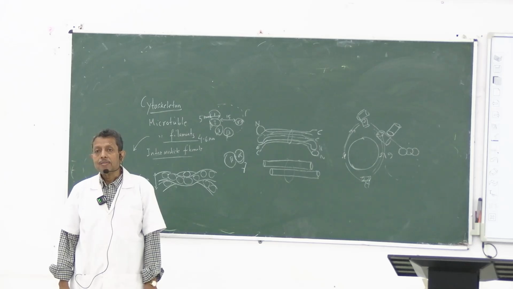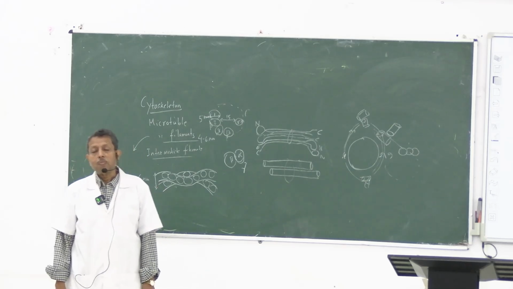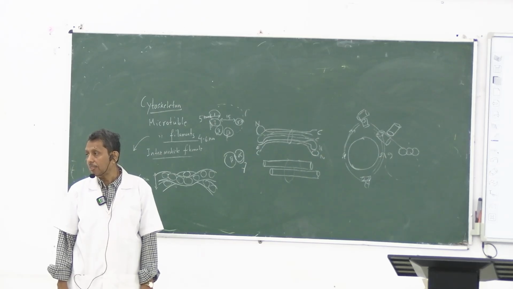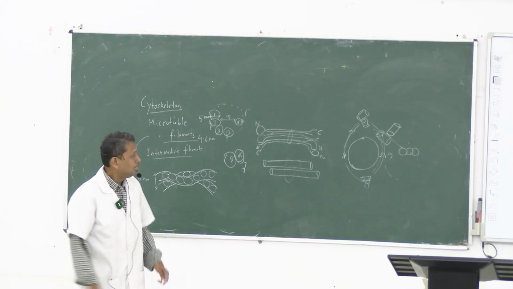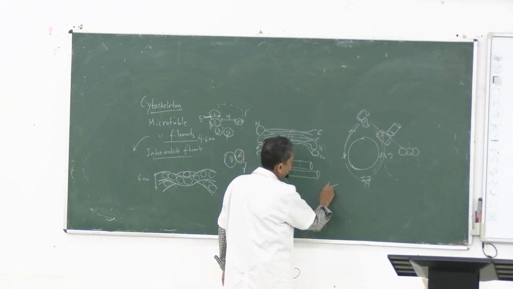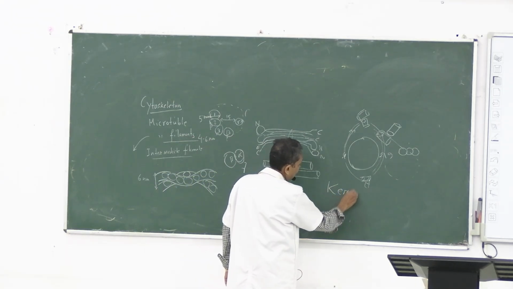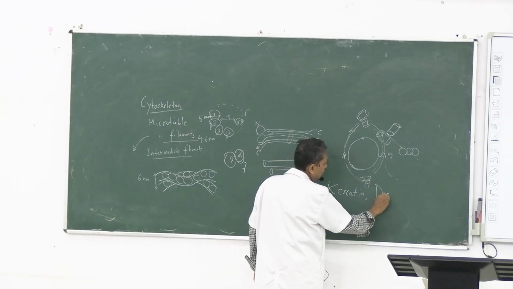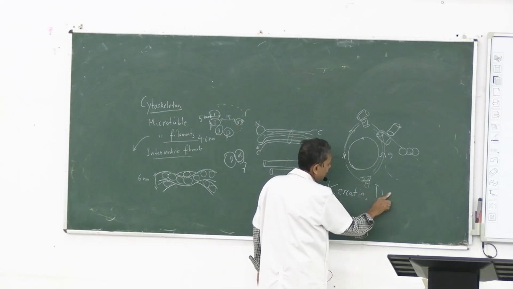They are present in many cells and are divided into different classes. In the skin, suppose you find keratin. In mesodermal tissue, desmin, the vimentin group.